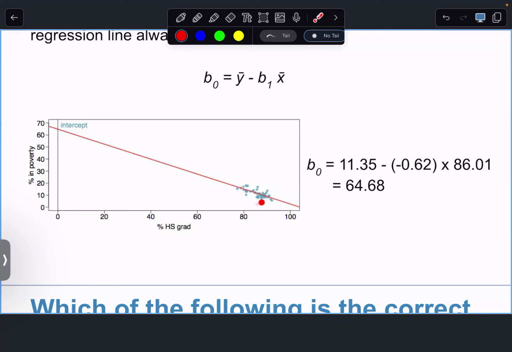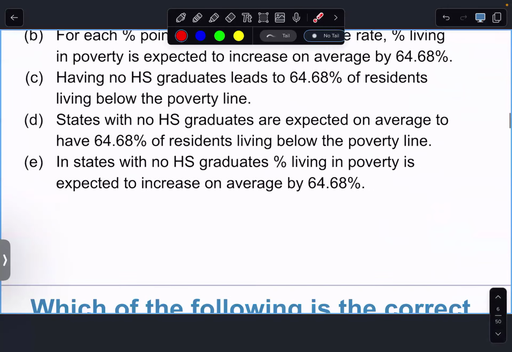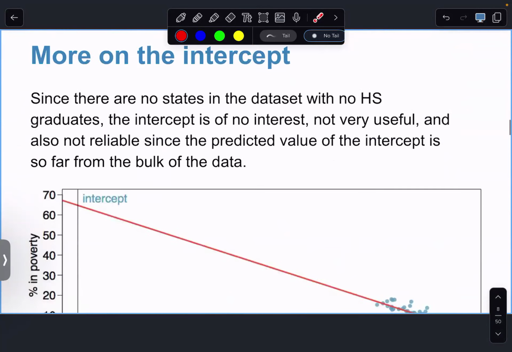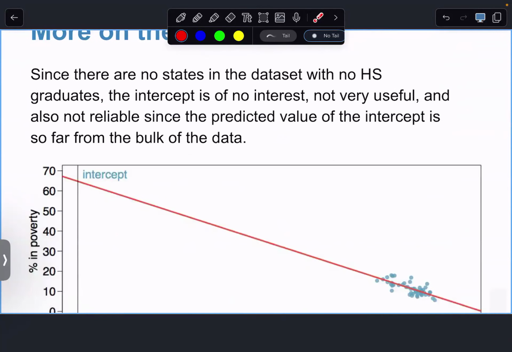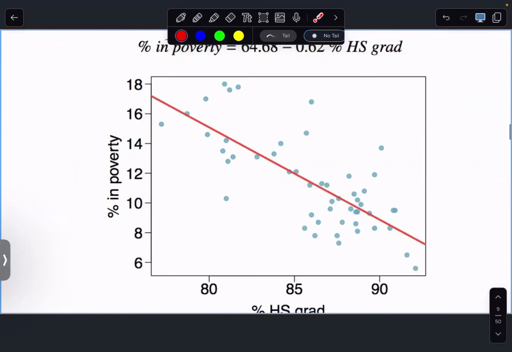And if we look at our data, roughly 75 to 95. And then here we are, at some point it crosses the y-axis, but it's not useful information. And so this shows what the intercept looks like. And we already interpreted the intercept. We already talked about it, extrapolation, and so on.